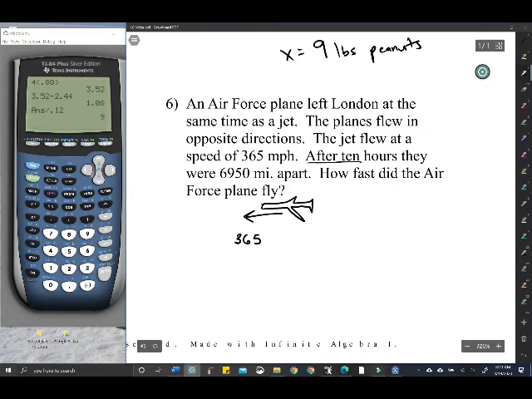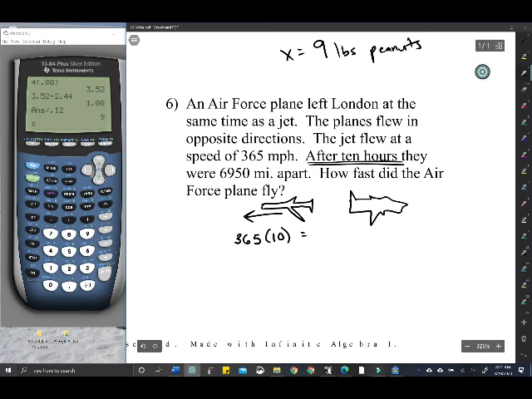And after 10 hours, okay, that's how long it's traveling. So 10. Now, the other plane, a jet, or this one is actually the Air Force plane. So it maybe looks a little different, but I'll still draw it pretty similar.